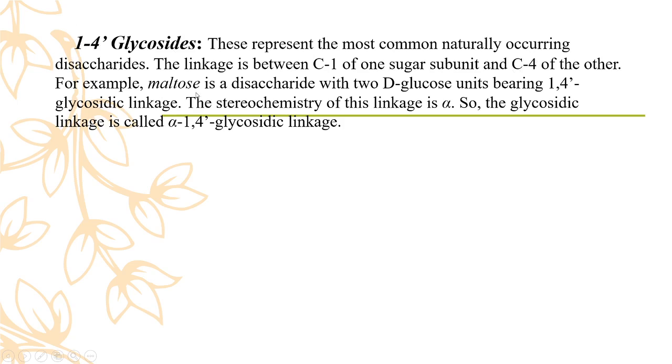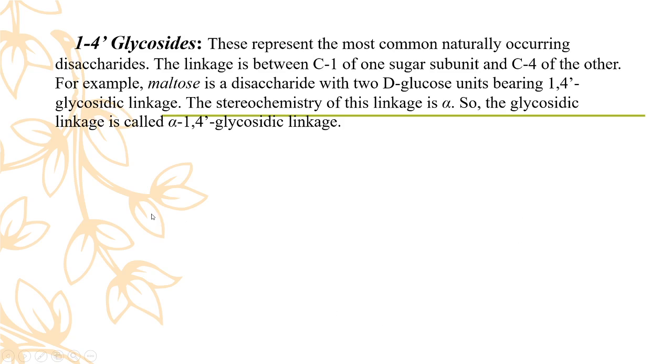For example, the maltose sugar. Maltose is a disaccharide and it can be formed when two D-glucose units are joined via a glycosidic linkage. These two D-glucose units bear a 1,4 glycosidic linkage, and the stereochemistry of the linkage is alpha because the D-glucose is present in the alpha position.